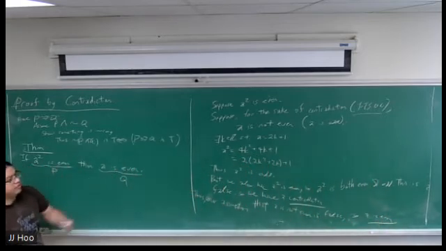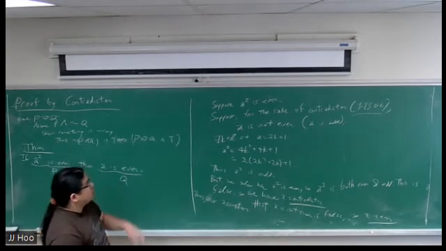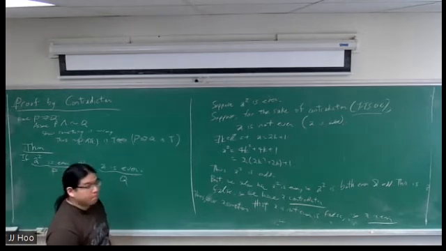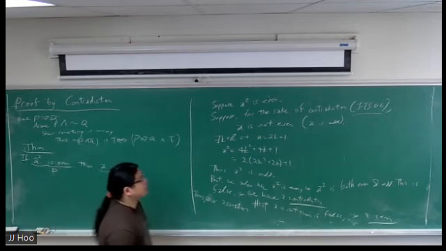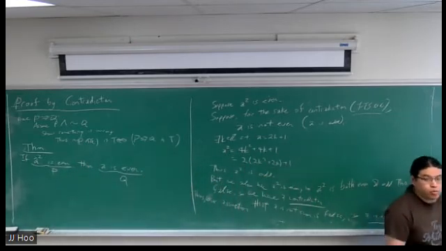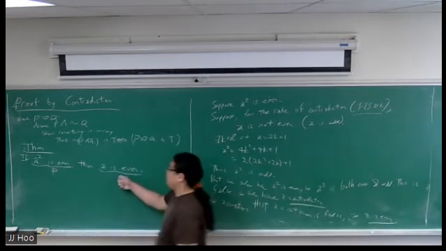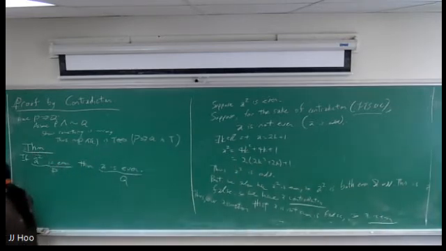We've proven that A is even because we showed that not Q is not possible, right? So that's how we do a proof by contradiction. So you've now seen 3 different ways to prove this thing, right?